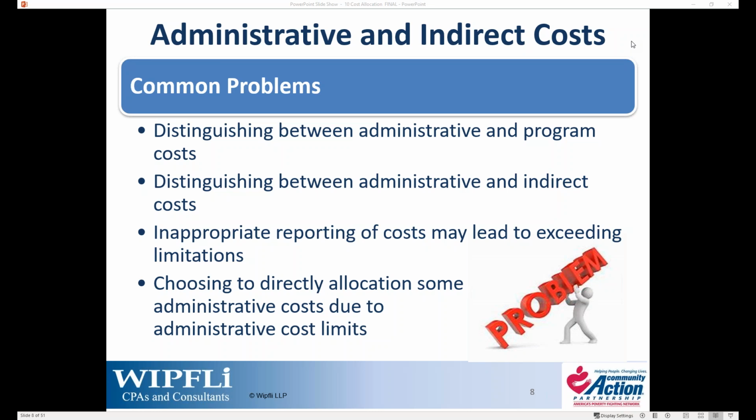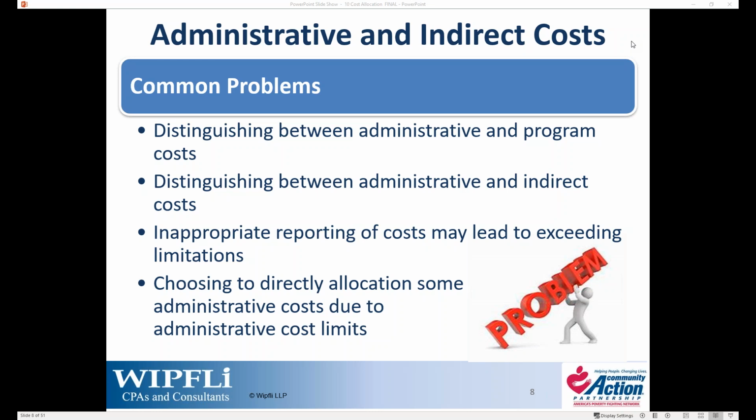And then we have the indirect costs, the administrative indirect costs are costs that the program benefits from that all programs would share a part of that cost, such as the executive director, the finance department, the HR department, the IT department, the receptionist, the building that all of those people sit in. Those are costs that are administrative to the agency and administrative to the program. And we're trying to find a method, a common method to allocate those costs.